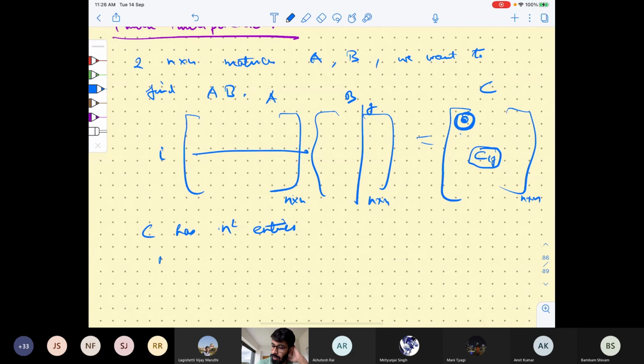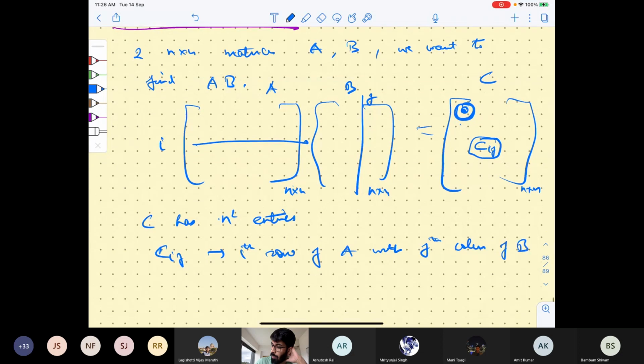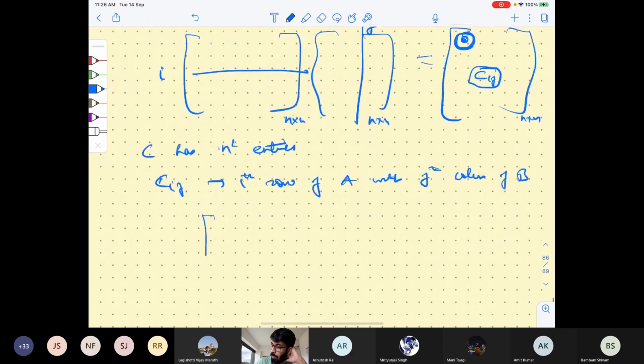So Cij, the ith row of A with the jth column of B, you multiply. This is a row matrix, this is a column matrix of size n cross 1. So how many multiplications will this take?